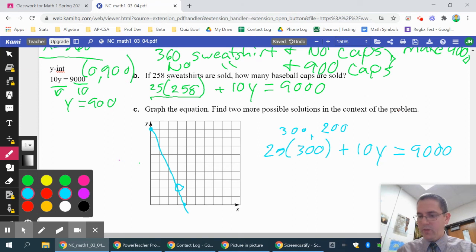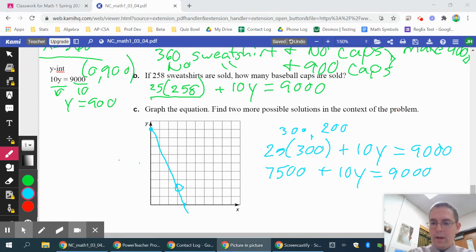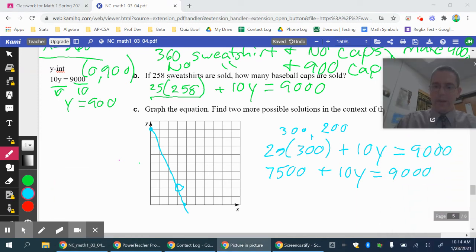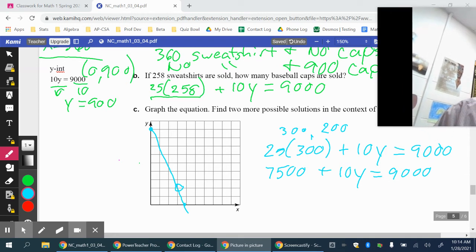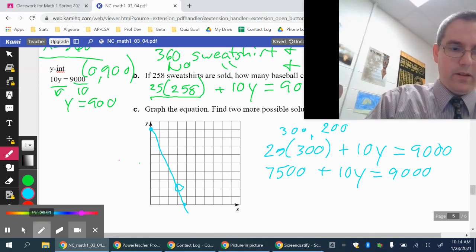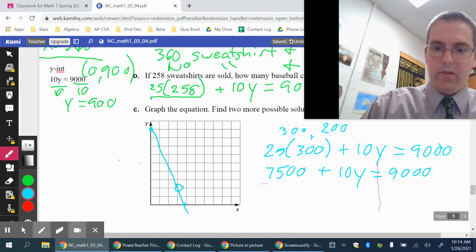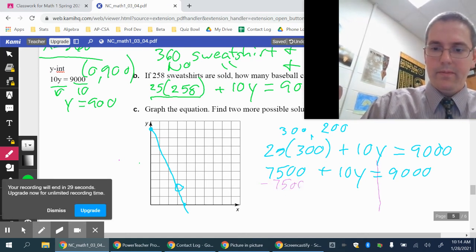I would simplify. 25 times 300 is 7,500 plus 10y is 9,000. I think my line might be a little crooked because that's not going to come out exactly right. Now I would need to subtract 7,500 from both sides.